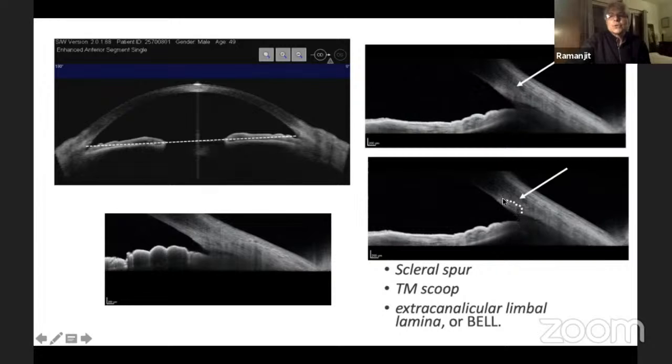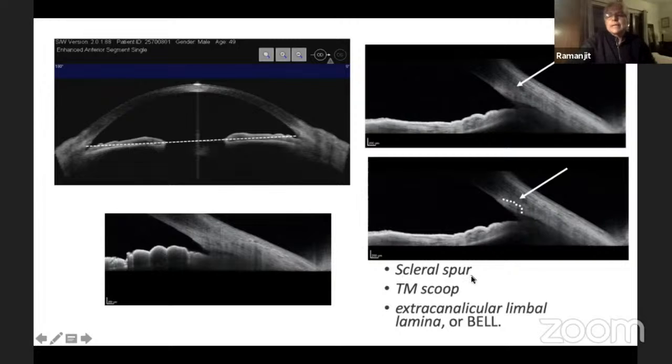So this is what I've drawn over here. And if you look at this diagram, you can see the lamina over there. At the same time, you also see what is called the trabecular scoop. That means here we have the scleral spur, and this is the space available for the trabecular meshwork to be sitting on.